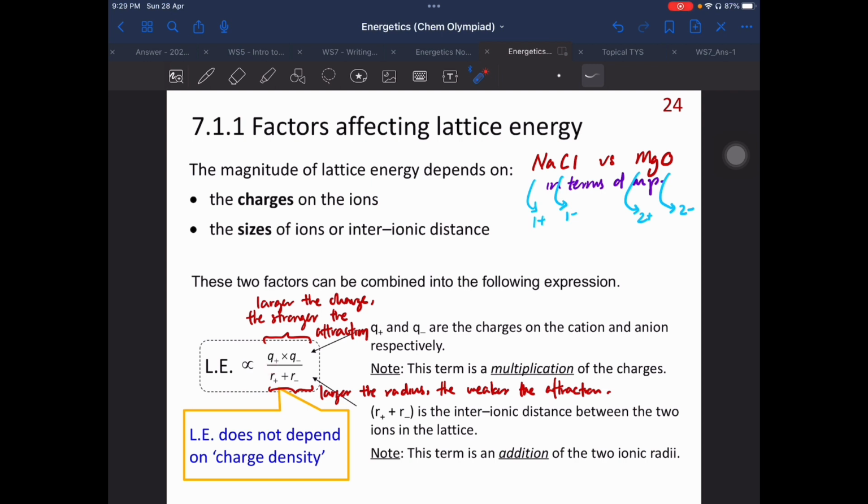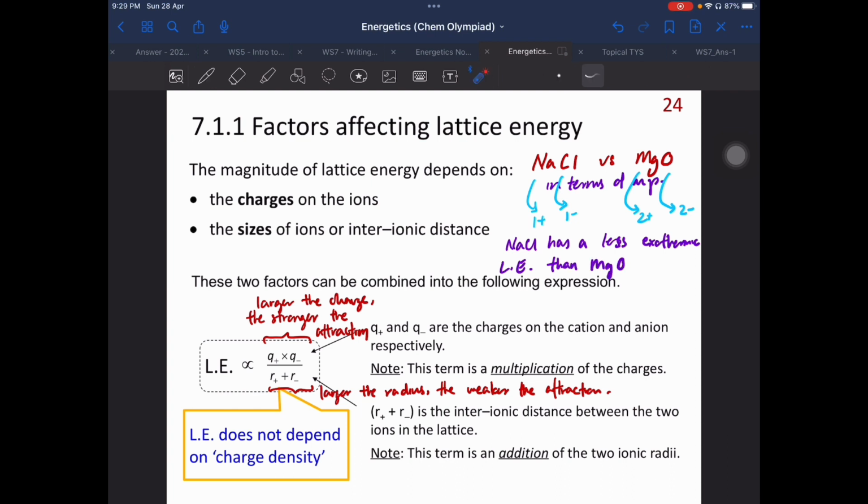So essentially what we're trying to say is that for lattice energy, we look at the charges of the ions and we look at the sizes of the ions. And based on that, we can deduce whether something has a high lattice energy or low lattice energy. So coming back to this example of NaCl and MgO, what I can conclude is that NaCl has a less exothermic lattice energy than MgO.